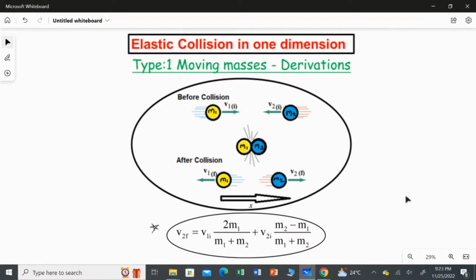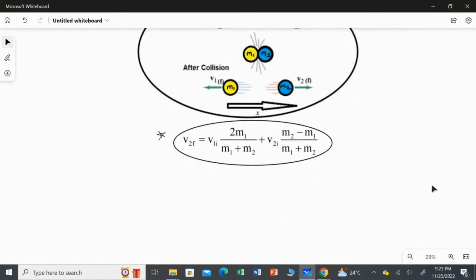In the previous video, we got the first mass final speed V1 final as V1 initial times (M1 minus M2) over (M1 plus M2), plus V2 initial multiplied by 2 times M1 M2 over (M1 plus M2).